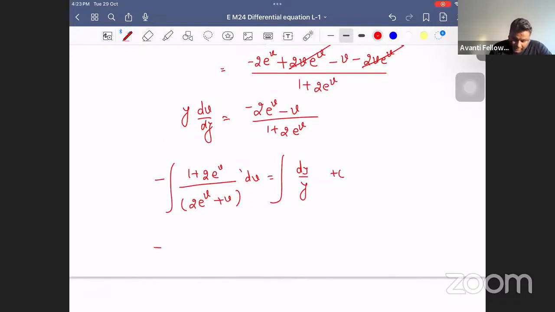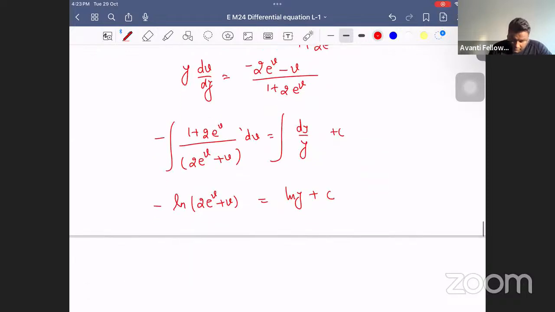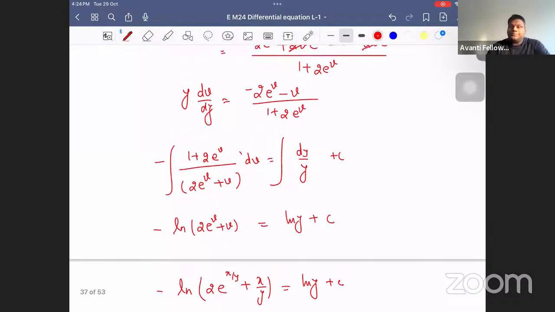So the answer will be what? Minus ln of the denominator. So minus ln(2e^v + v) is ln y plus constant. Now we replace v again by x/y. So minus ln(2e^(x/y) + x/y) is ln y plus constant. This is how we do it.